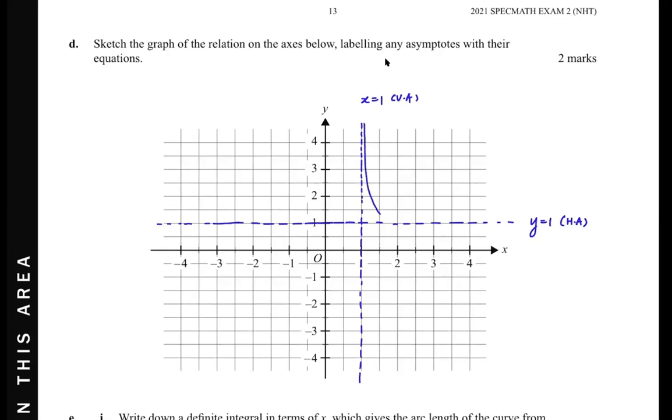The graph should look like that, and it's very close to the asymptote at the later stage, okay? Probably not very asymptotic to address the requirement, but that's the best version I could do on my iPad.